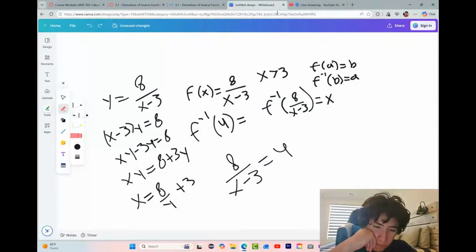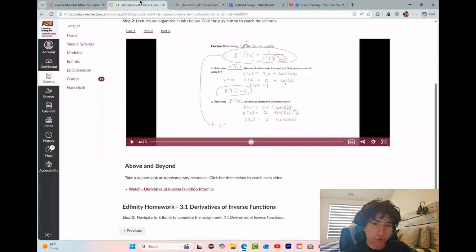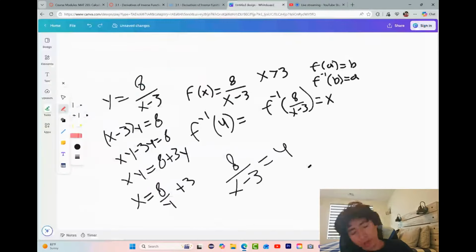What am I doing? 8 over y plus 3. Dude, that's where I'm going to cry. Just kidding. No, I'm not. Y equals 4. So plug in 4, equals 0. Oh, what does that give? Oh, no, guys. I'm complicating this so much.